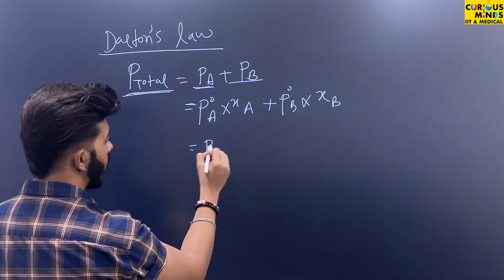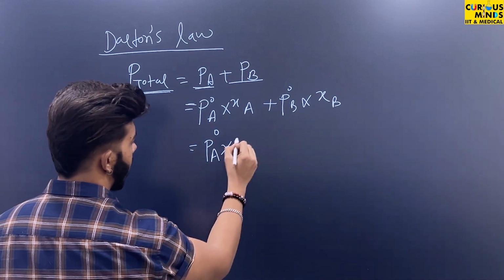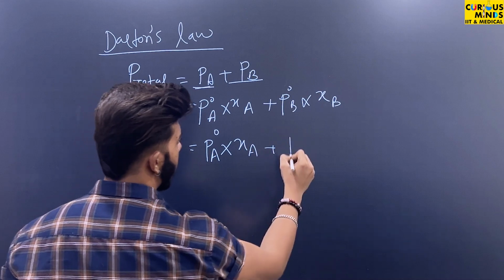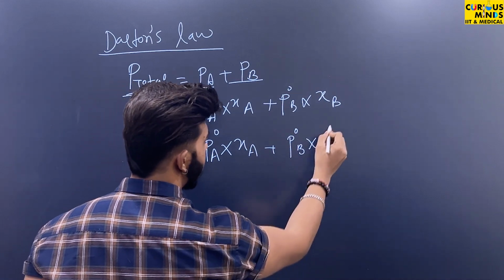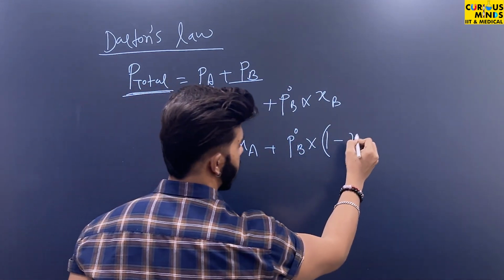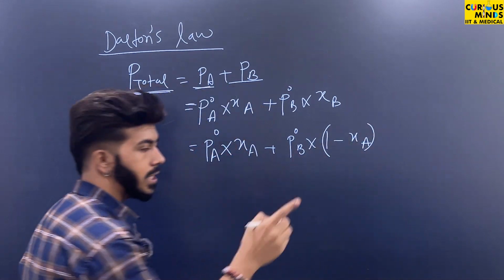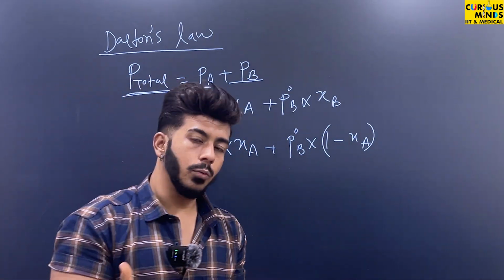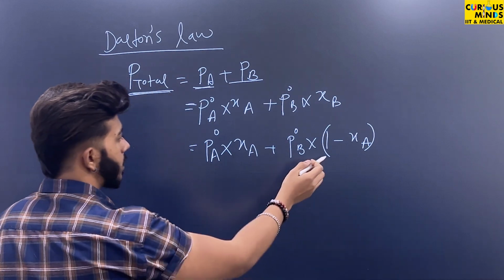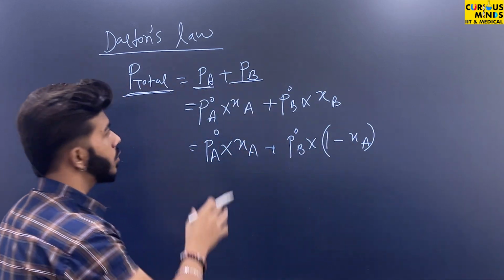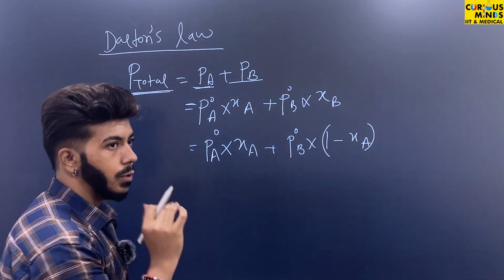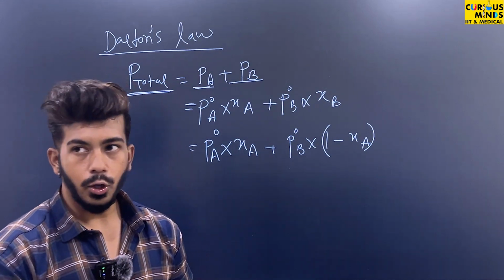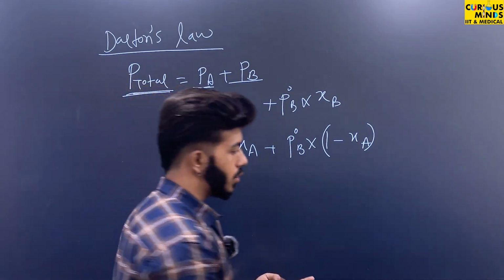Also we can modify this: instead of P not A into XA plus P not B into XB, we can also write 1 minus XA, because XA plus XB, the total mole fraction, is 1. So this will be Dalton's law. So Raoult's law is done, Dalton's law is done, and vapor pressure is also done.